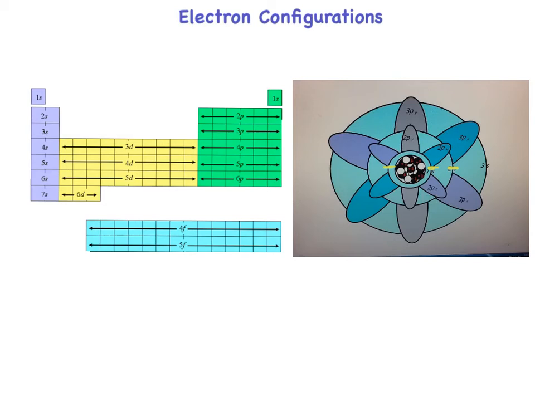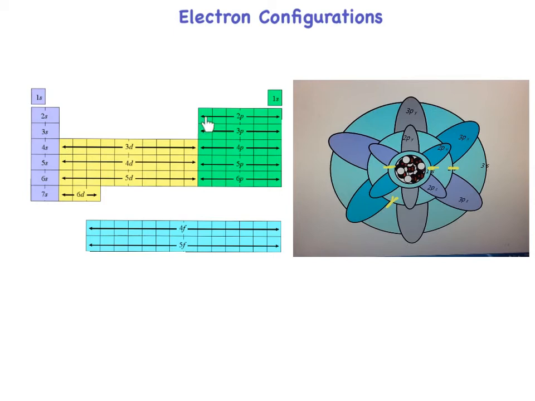So I'll show that second one, I'll put it right there. So beryllium's electron configuration would be 1s2, the first 2 electrons in the 1s orbital, and 2s2 for the 2 electrons in the 2s orbital. And beryllium has 2 plus 2 is 4 electrons.